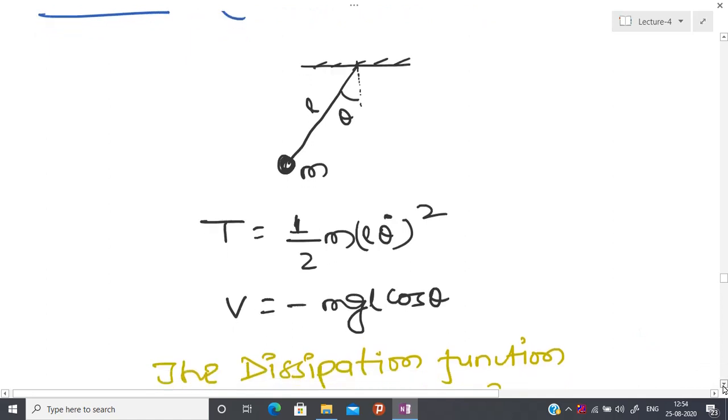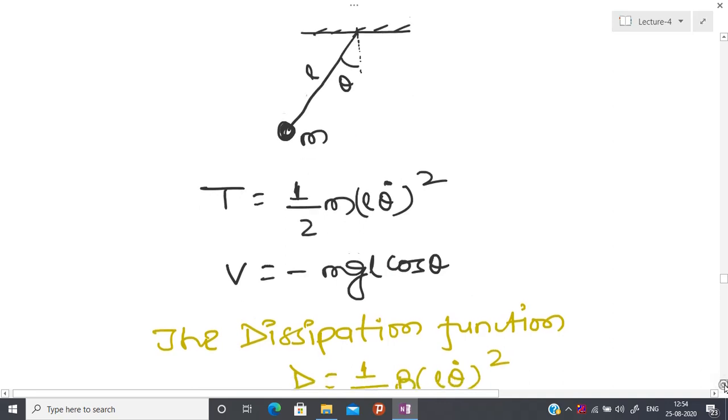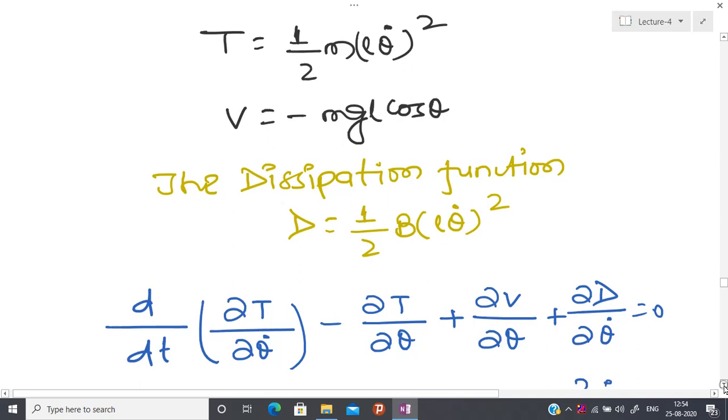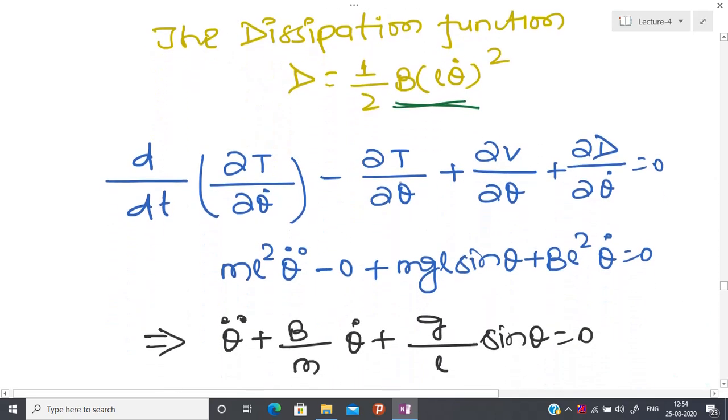After that I am assuming this is the reference position, so I have minus mgl cos theta, that is potential energy, and the dissipative function. Whenever the bob is moving in open air, the friction force is proportional to the square of velocity. In this way, by the Rayleigh function I can create this, and finally I just have to solve this particular partial differential equation.